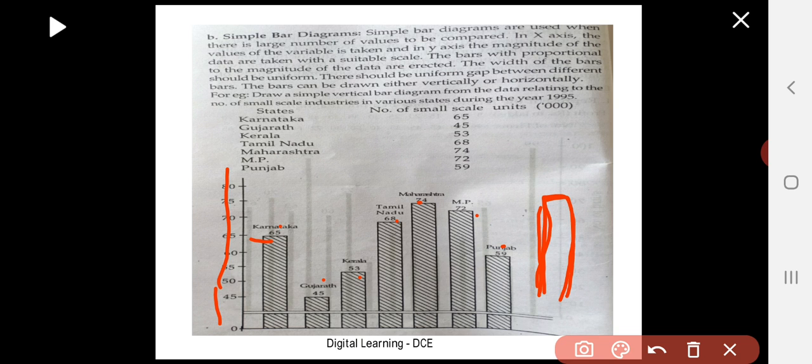When we look into this diagram, we need not look into the table or the explanation given there, because the diagram itself is easily understood: these states have this many small scale units.